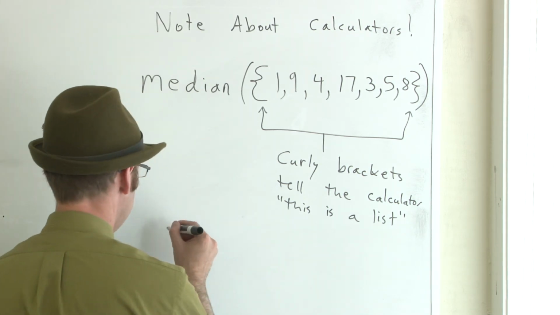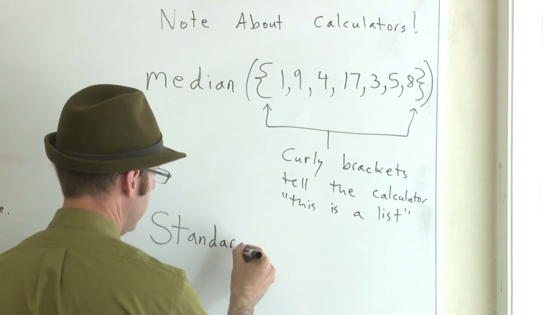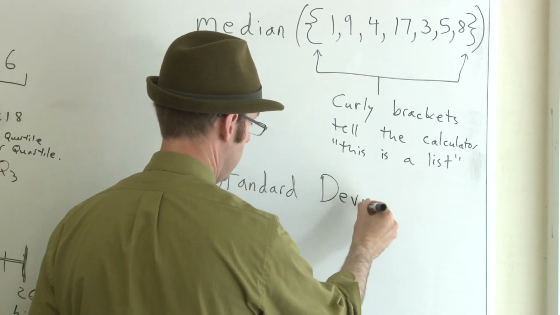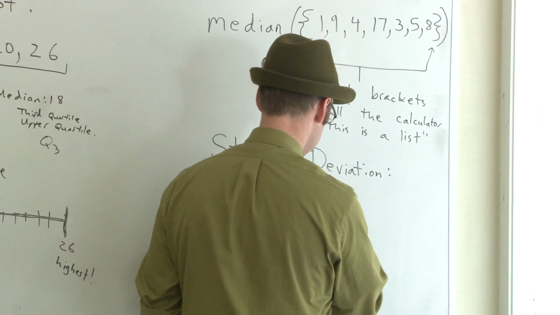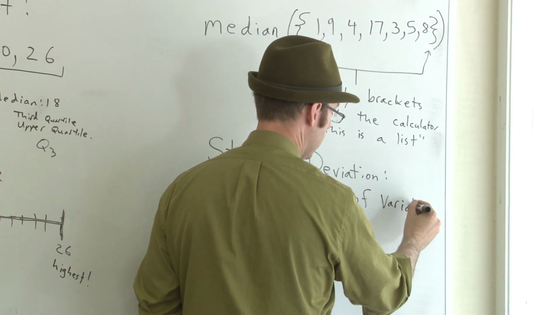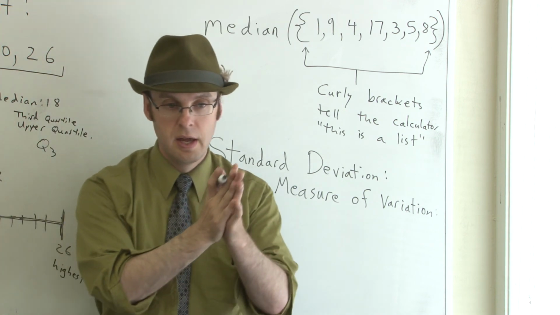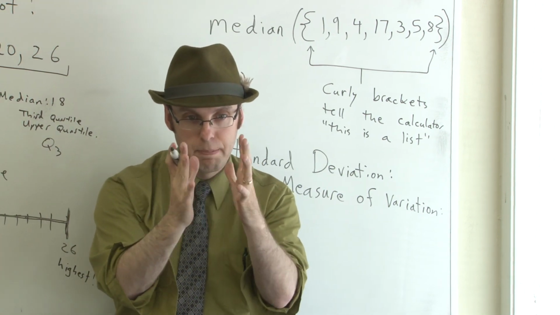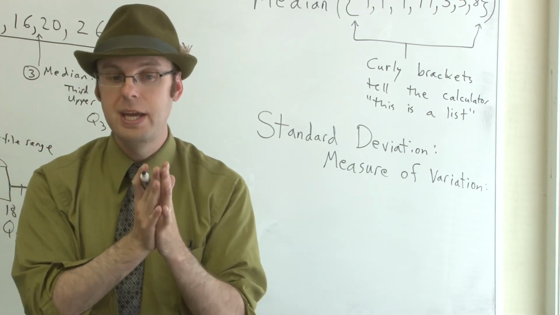So all that leaves then is talking about the standard deviation, which is not a measure of center, it's a measure of variation. In other words, what it measures is how closely packed I am around that mean value.